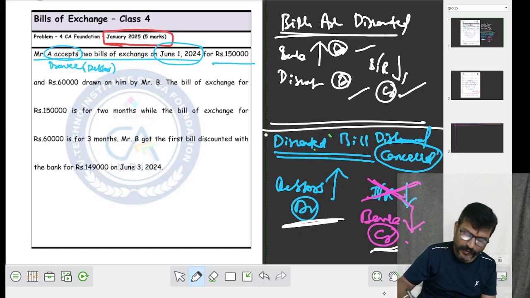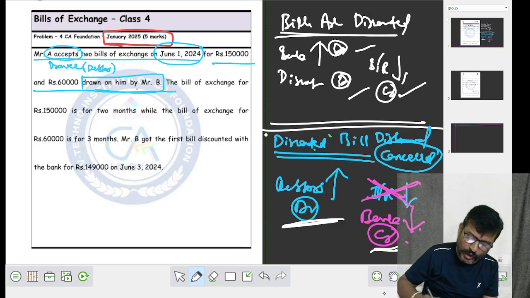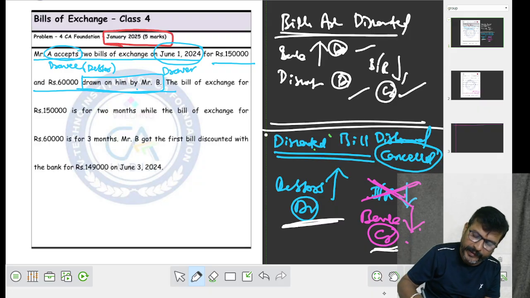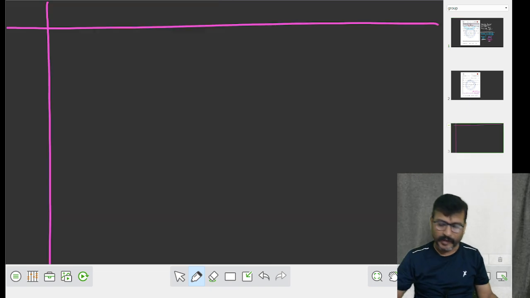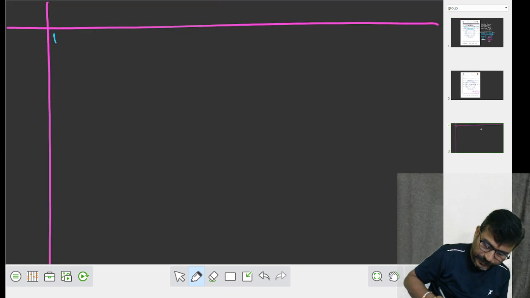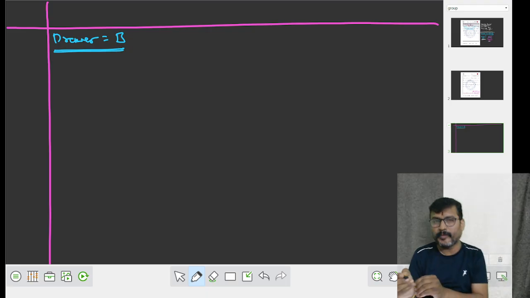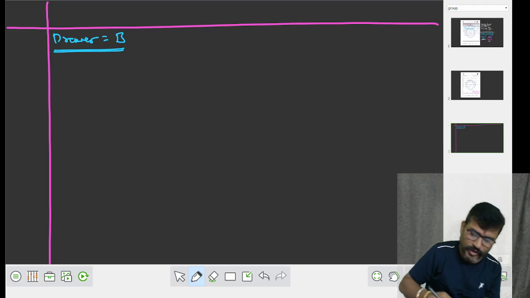One is 1.5 lakh, another is 16,000, drawn on him by Mr. B. Who draws the bill? Mr. B draws the bill. Then who is Mr. B? Drawer. Always I write drawer is equal to Mr. B.